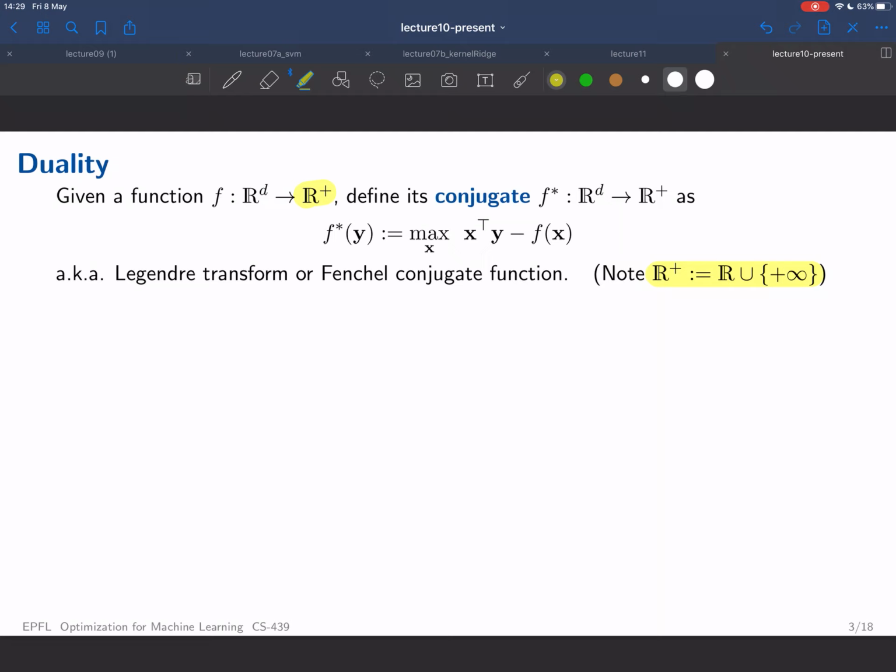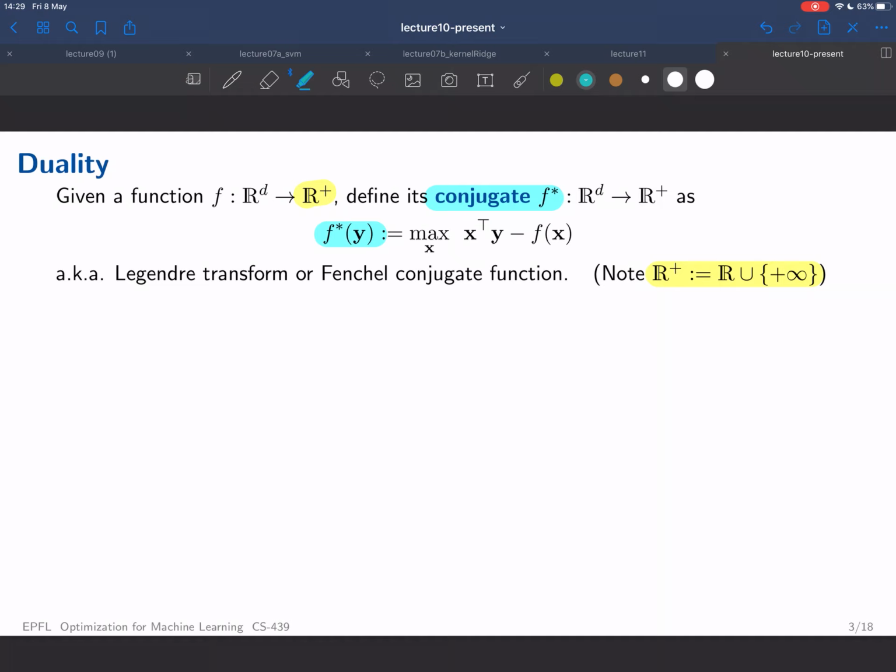So if you have a function which is given to you, then you can look at its dual or its conjugate function, and that's what's denoted here as f star. And so here is a visualization of that. Or the definition, better, is that it's kind of a maximum of a linear form minus the original function.